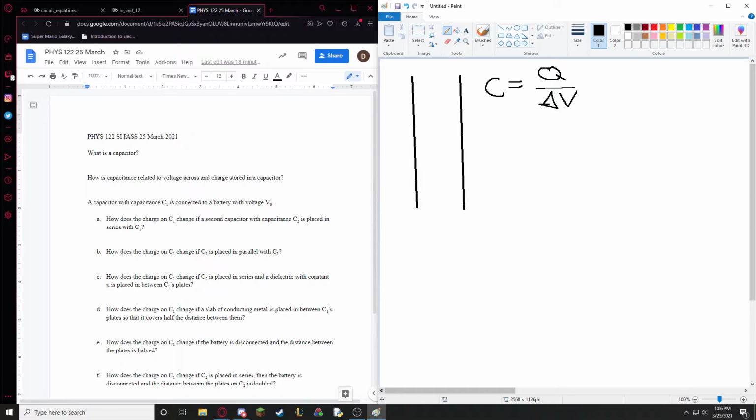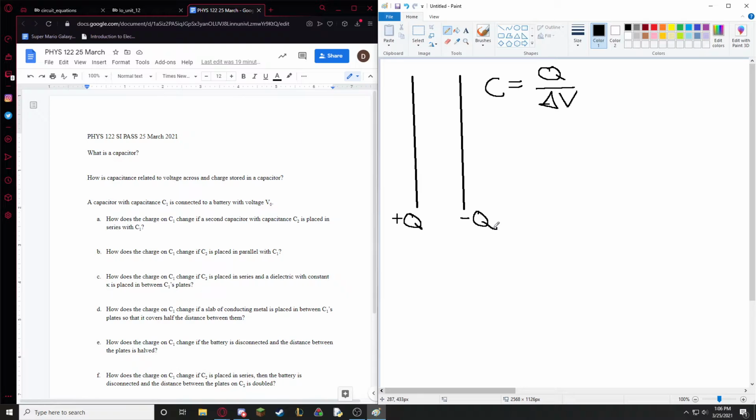The charge that's found on the positively charged plate and the negatively charged plate. So you're saying the positive plate is plus Q and the negative plate is negative Q? Yep, exactly. So the charge Q is the magnitude of the charge on each plate.